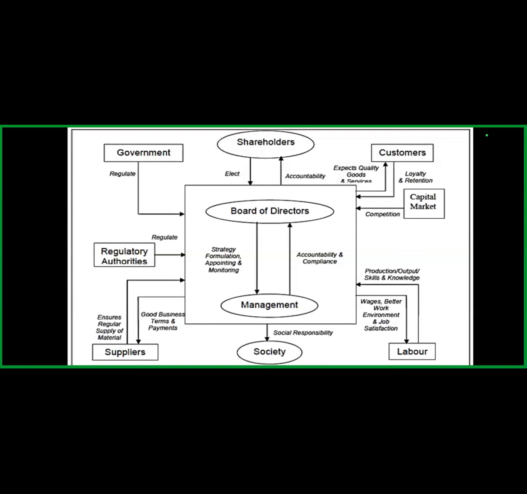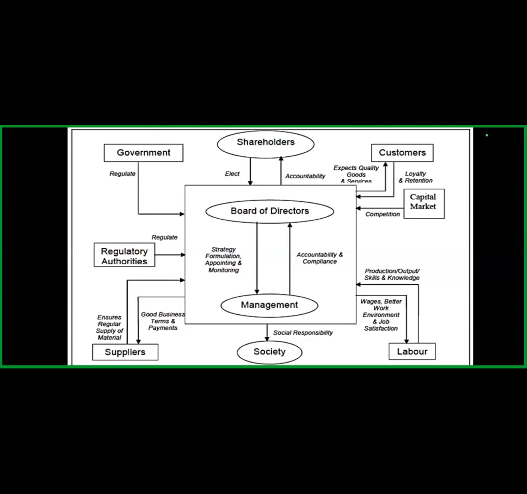Now we will come to the most important part. Here also, shareholders are considered the owners of the company, and they elect the board of directors, and the board of directors is accountable towards the shareholders, that is, the owners of the organization.